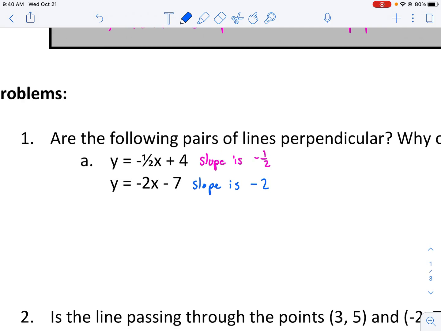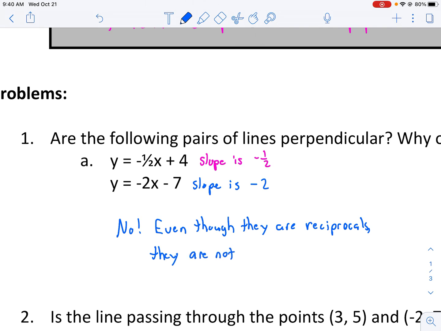They both are negative. So if both slopes are negative, they're automatically not perpendicular. They have to be opposite, one positive, one negative. So no, even though they are reciprocals, they are not opposites.